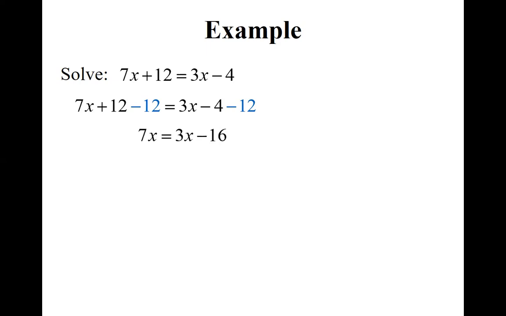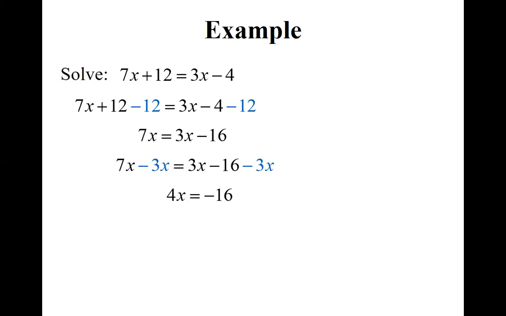Now I'm going to subtract 3x from both sides. That'll get rid of the variable terms from the right side. 7x minus 3x is 4x. So 4x equals negative 16. On the right-hand side, the 3x minus 3x canceled each other out.